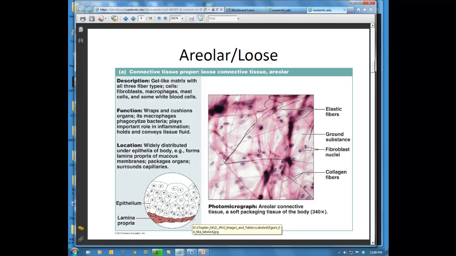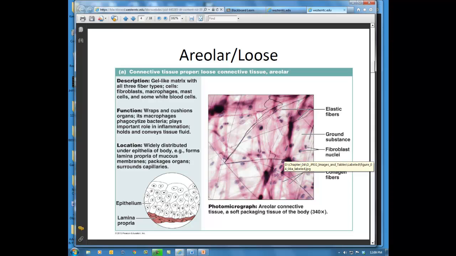So the key characteristic of this type of tissue is, look at these elastic fibers. It almost looks like black hairs that have gotten under the microscope. These give this tissue some elasticity. Also, the pink that you see in the background, those are collagen fibers. In some slides we have on campus here and under the microscopes, these collagen fibers have pretty much dried up and we don't see too many of them anymore.